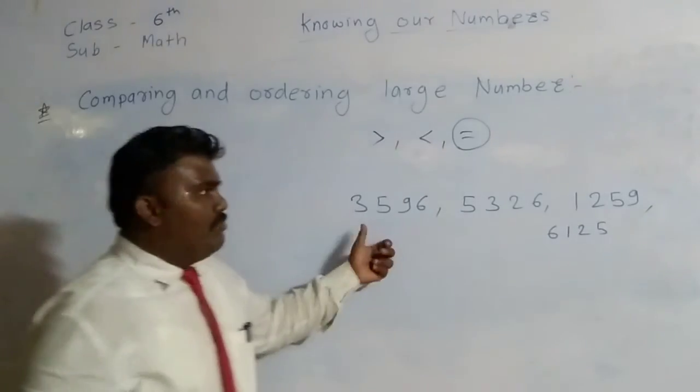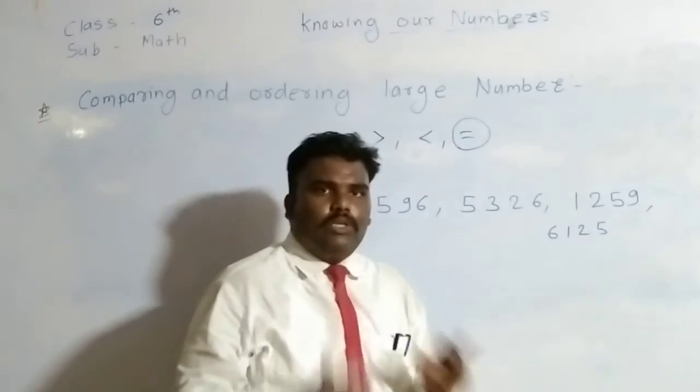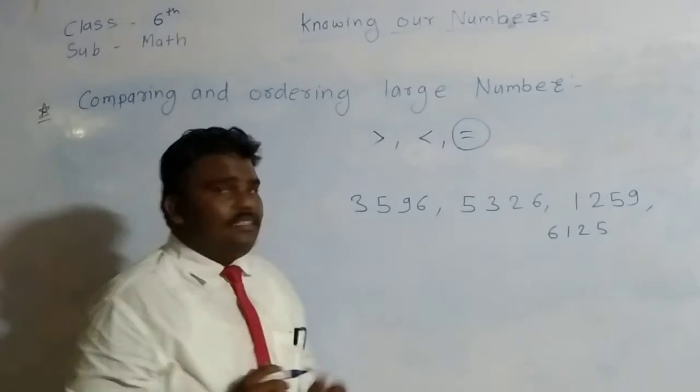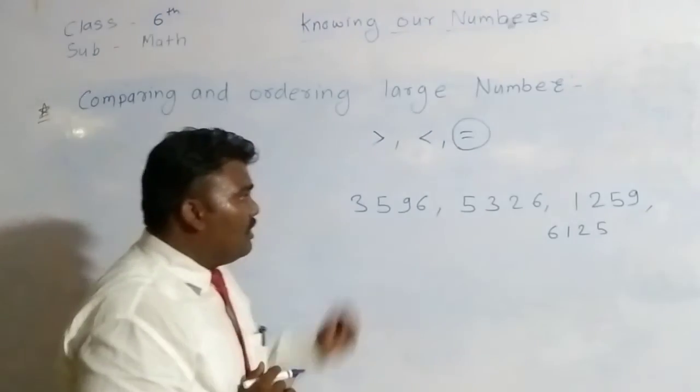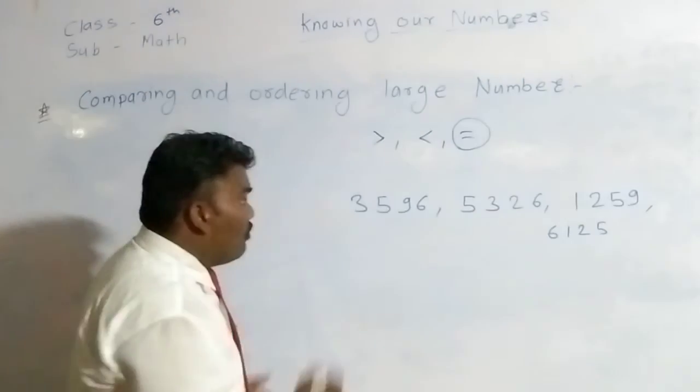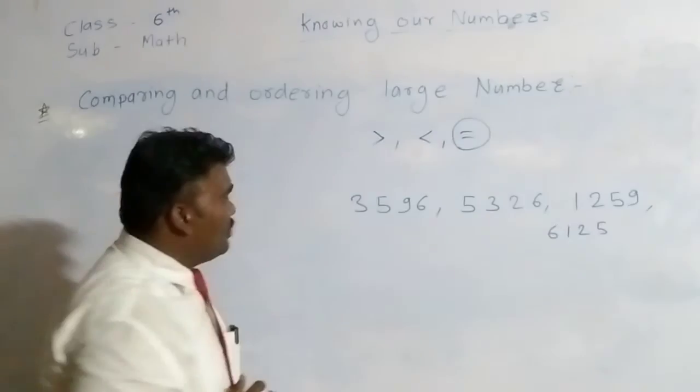Suppose I have these numbers: first, second, third, fourth. Now I have 4 large numbers. So how do we order these numbers? Suppose I want to order them in descending order, meaning greatest to smallest.